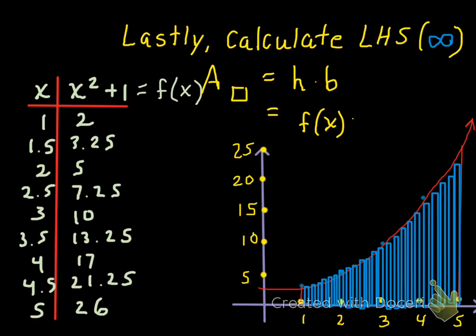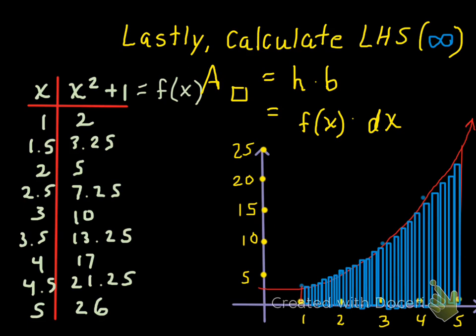We represent this with a dx. So f of x dx is really just a formula for finding the area of a single rectangle. And the integration is telling us we're going to do that for every single rectangle between 1 and 5.